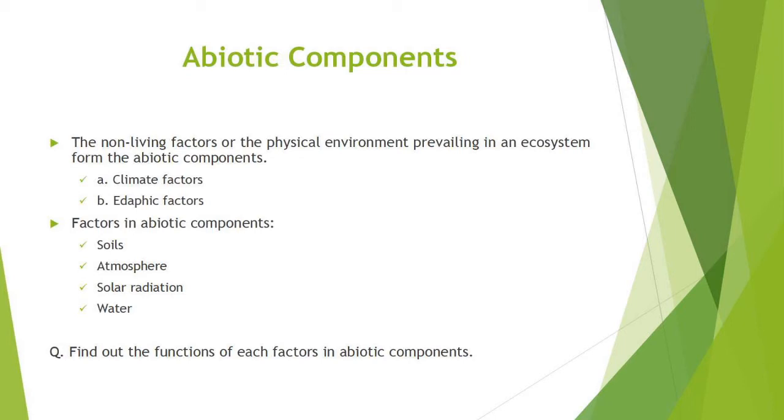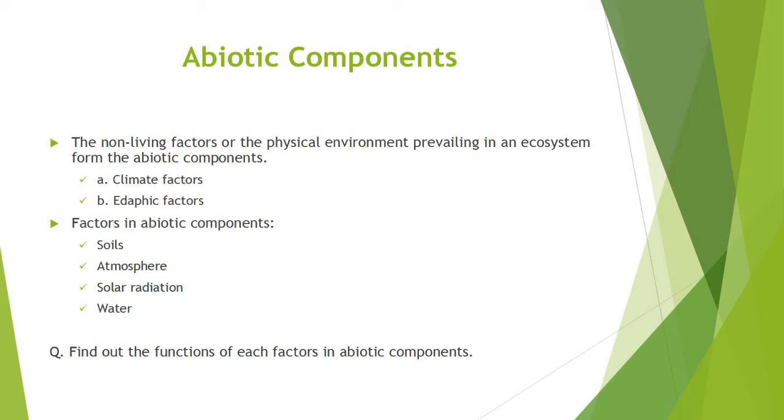Now, factors in abiotic components. Soils. They are much more complex than simple sediments. Soils provide nutrients, water, home, and a structural growing medium for organisms. Next factor is atmosphere.